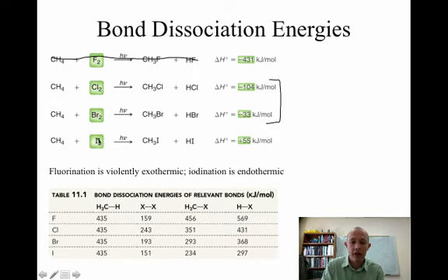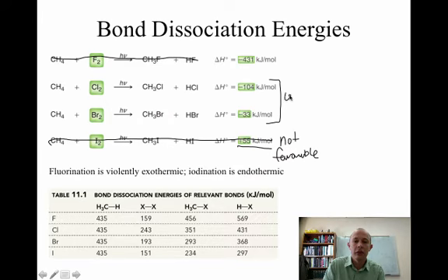The problem is that for iodination, the carbon-iodine bond is very weak. The HI bond is very weak. So the net result is that iodination is endothermic, and for that reason, it's not favorable. So we don't usually observe radical iodination reactions, so we're also going to ignore that possibility.